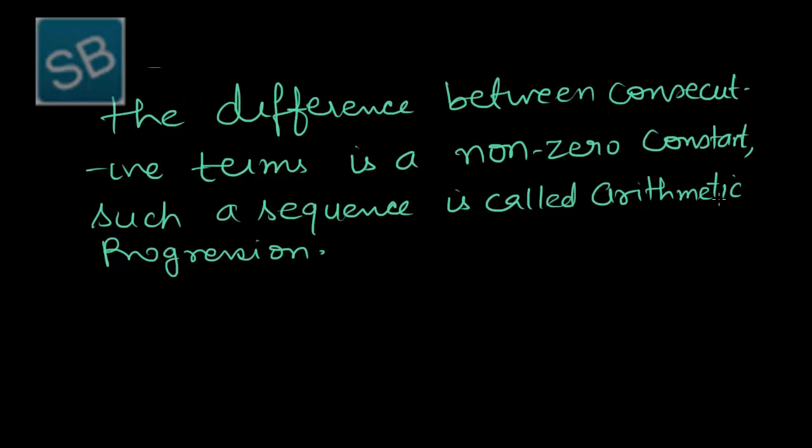If the difference between consecutive terms is a constant, then it is called AP sequence.